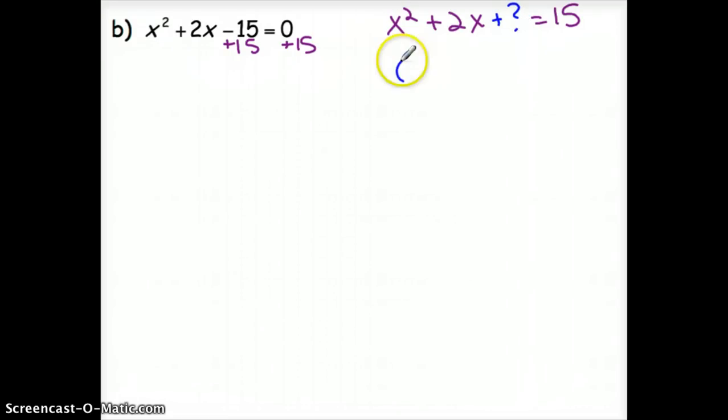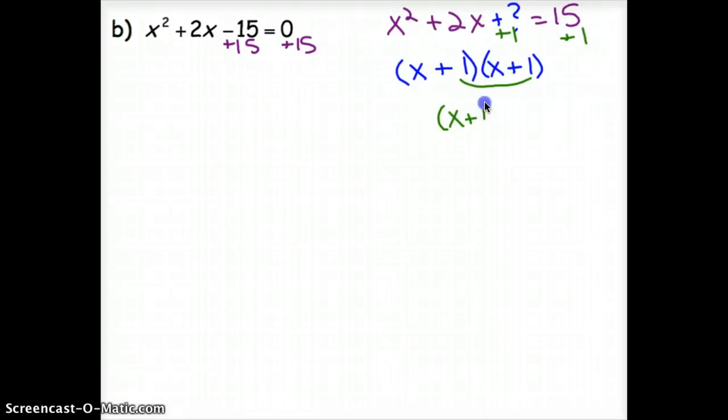So to get x squared plus 2x, I'm going to have to do x plus 1 times x plus 1. When I multiply that out, I'm going to have a plus 1 here. So remember, I can't add it to the left without adding it to the right. So I've added it to both sides now, and now it looks like x plus 1, the quantity squared, equals 16. That looks pretty good.